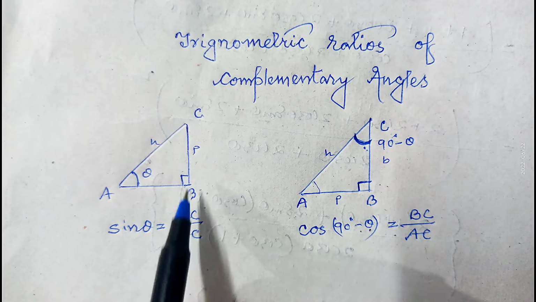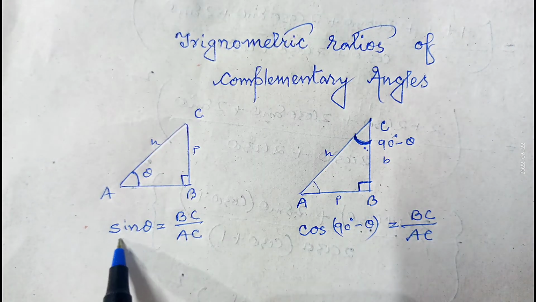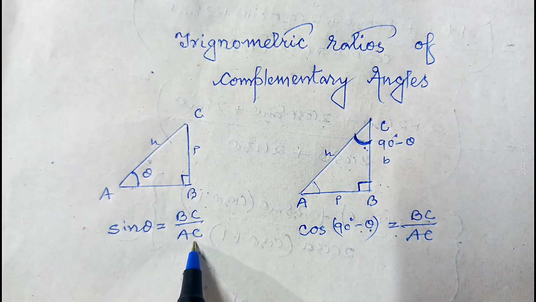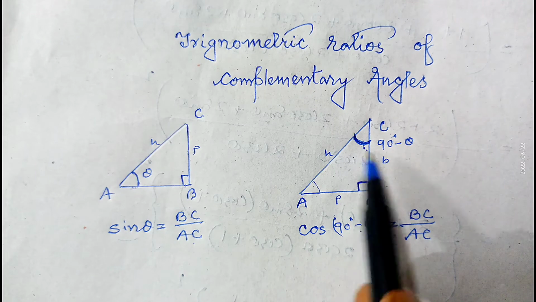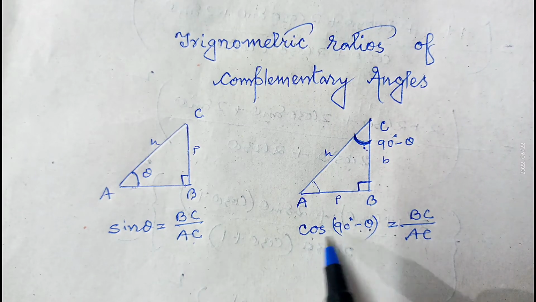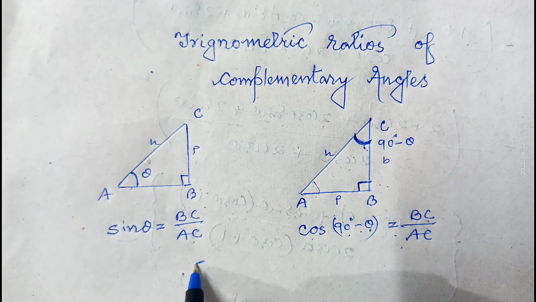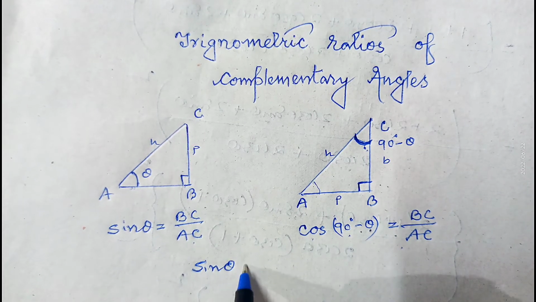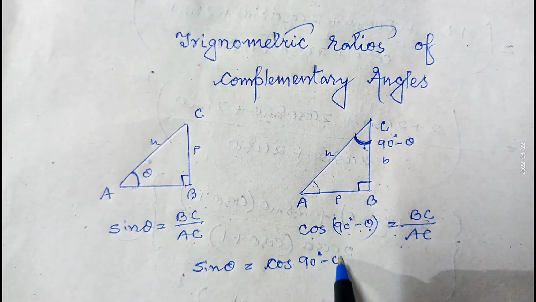So in the same triangle, for this angle I get sine theta equal to BC by AC. Now if I consider its complementary angle, then cos of that angle will be BC by AC. So from these two we can write sine of theta equals cos of 90 minus theta.